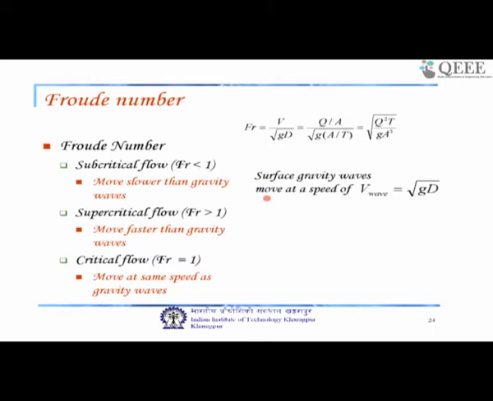Surface gravity waves move at a speed of root over g D, where D is the hydraulic depth. So, based on this classification, we can define different types of open channel flow.